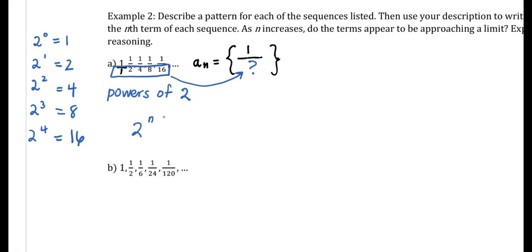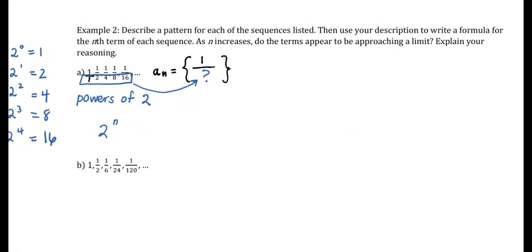Now what we have to be careful with is where this sequence is going to start. If I'm going to index this sequence to start at 1, which we have done before, sometimes the sequence may start at 0, but my point here is that if I put 2 to the n down here right now, and I calculate a1, I would have 1 over 2, which is not the first term of the sequence.